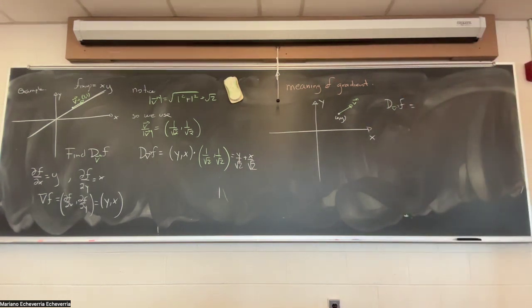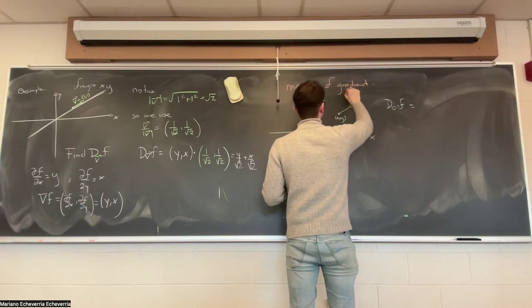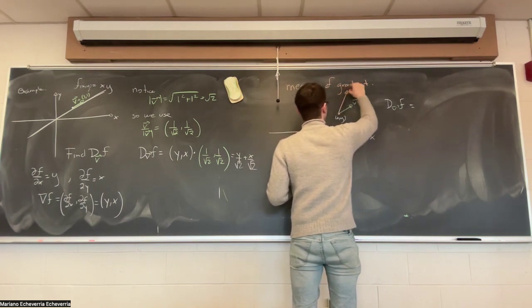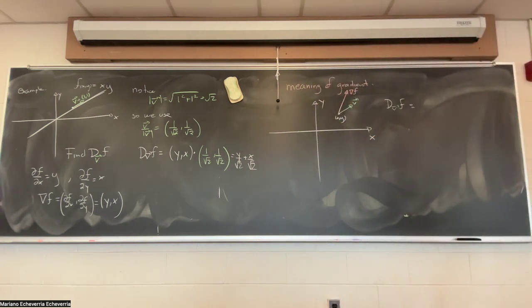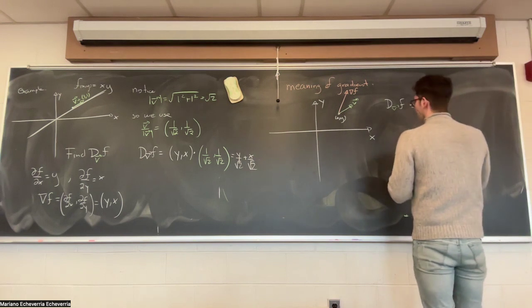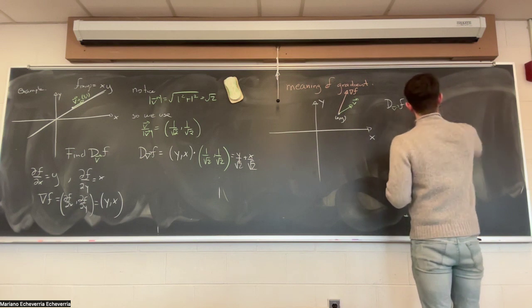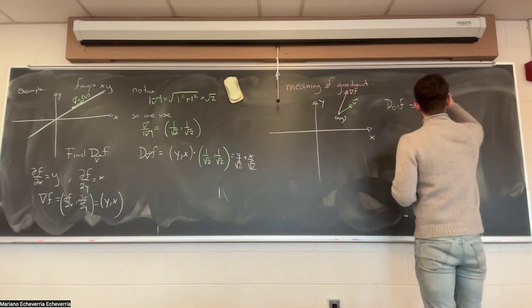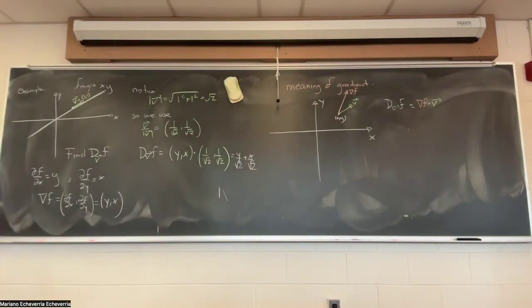As I was saying before, the gradient is supposed to be a vector at every point. So let's try to draw a vector representing the gradient. So the directional derivative is the dot product between these two vectors, which is what we were doing up to now, right?